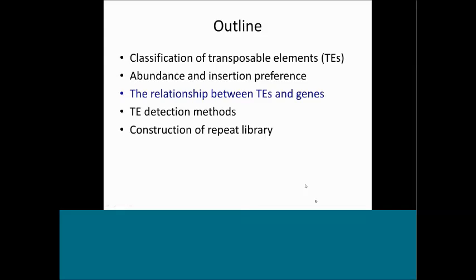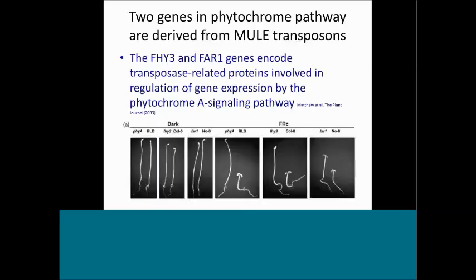Next, I will talk about the relationship between TEs and genes. We talked about how TEs could be inserted beside the genes, but they could also serve as genes. Here is the example of the Arabidopsis plant, and there are two genes called FHY3 and FAR1. When you knock them out, the plant loses the response to far-red light.